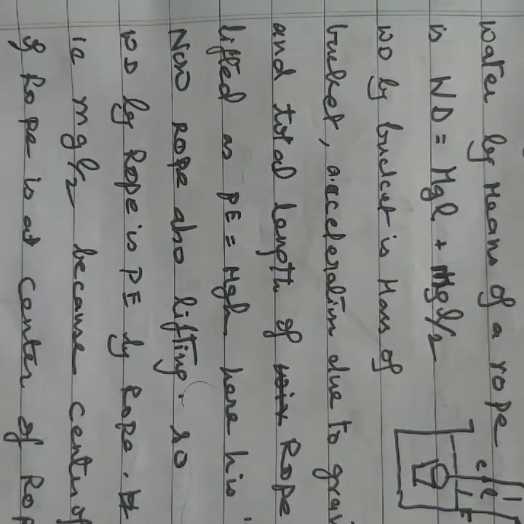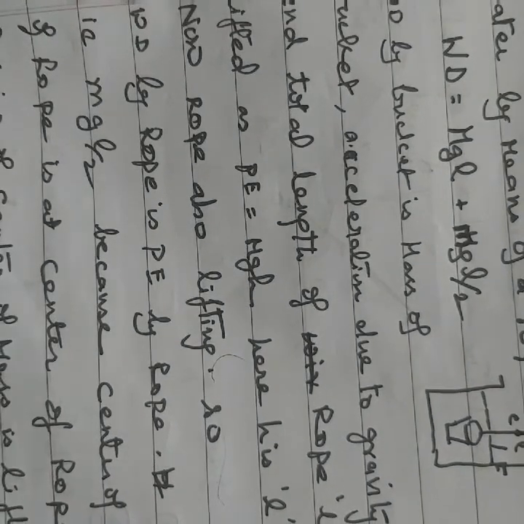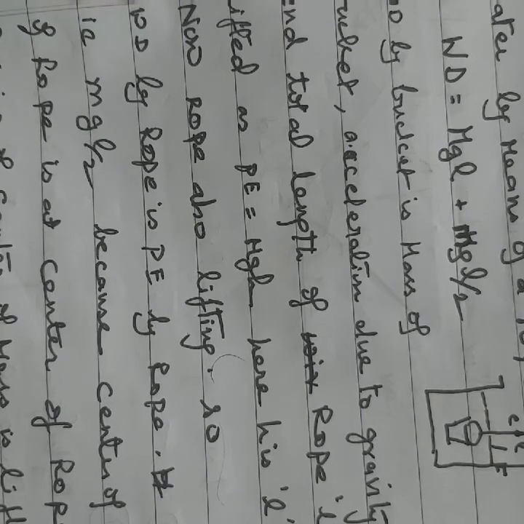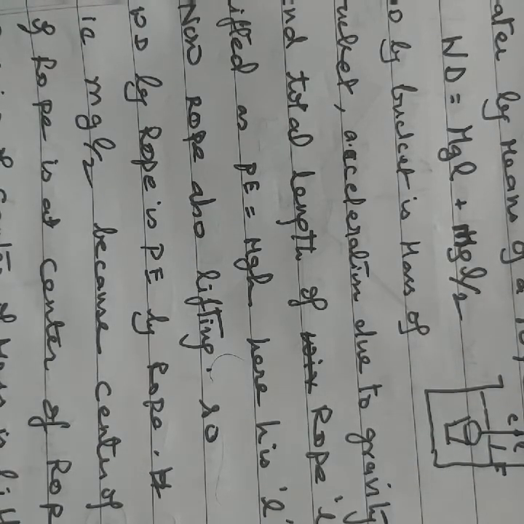That is, raising the center of mass is lifting the rope. So total work done is equal to mgl, that is work done by the bucket, plus work done by the rope, mgl by 2. So this is the total work done. Okay.